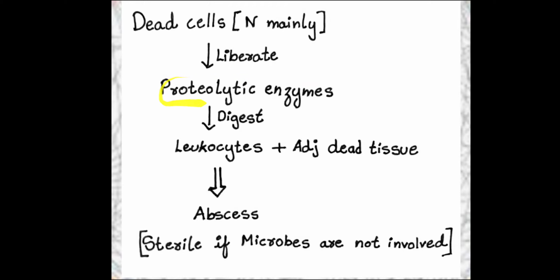As we already know, this proteolytic enzyme kills or digests the leukocytes as well as the adjacent dead tissue. This would result in abscess formation. When this abscess is devoid of microbes, then it is a sterile abscess. A sterile abscess may result from chemical or physical irritation in the absence of microorganisms.